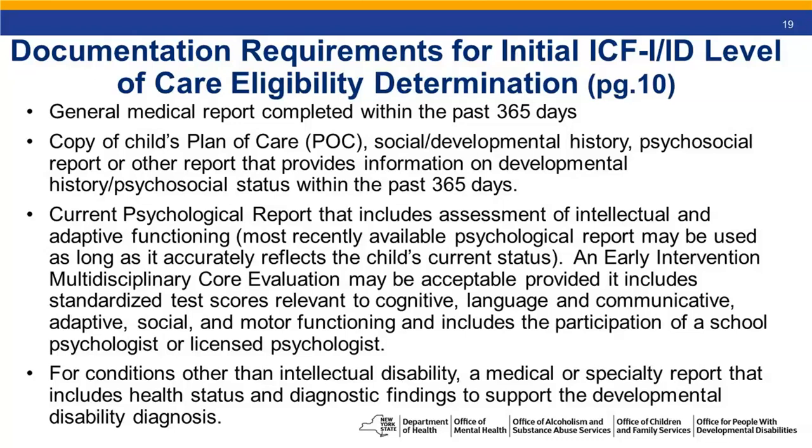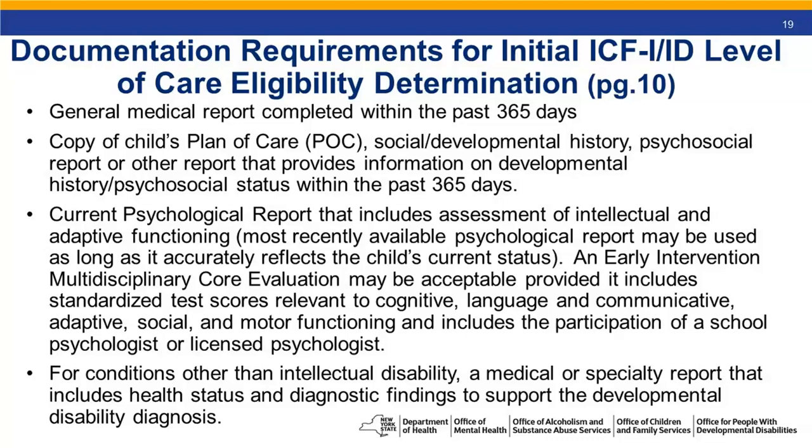The third requirement, a current psychological report that includes an assessment of intellectual and adaptive functioning. Most recently, the most recently available psychological report may be used as long as it accurately reflects the child's current status.